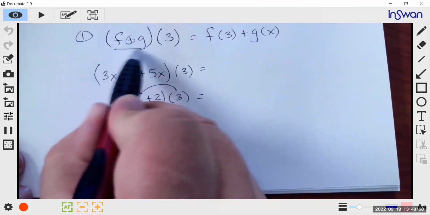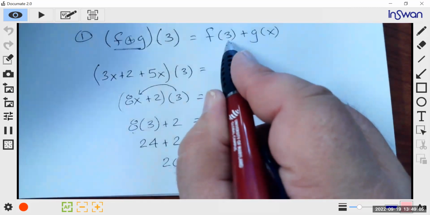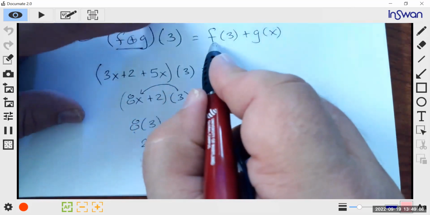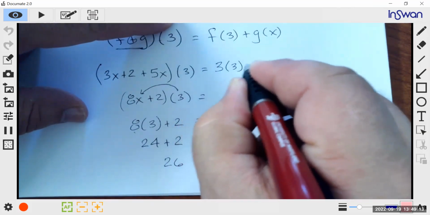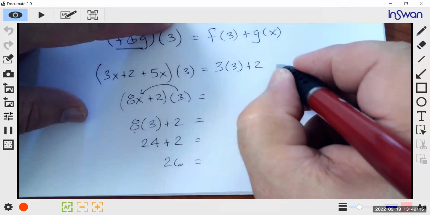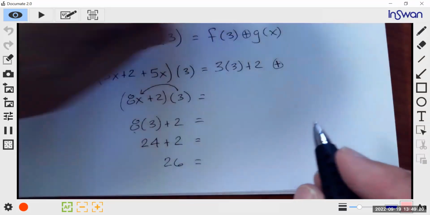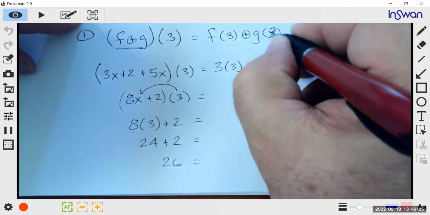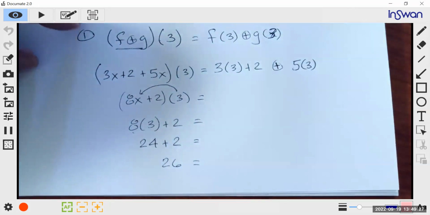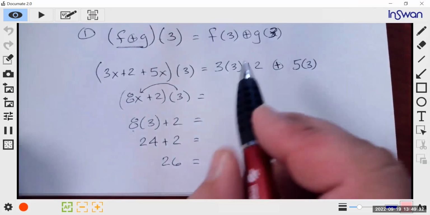The first one says, I can add the functions together first and then put the value of x in there. Now, the next one says, I can take each one of these. So f is, but now anywhere I see an x, I put a 3. There's the plus sign. And g of x is 5 times 3.